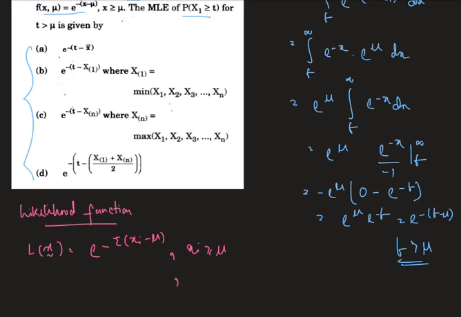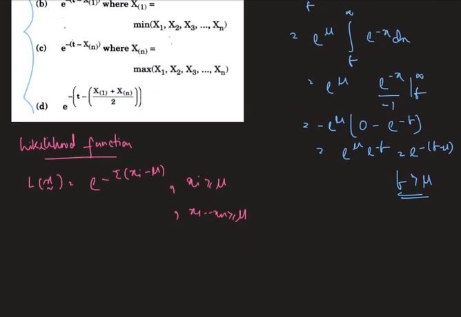Or we can write x1, x2, ..., xn greater than or equal to mu, or we can write x order 1, the minimum, is greater than or equal to mu.